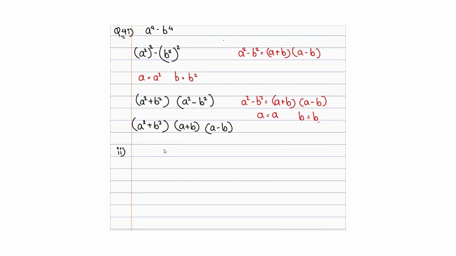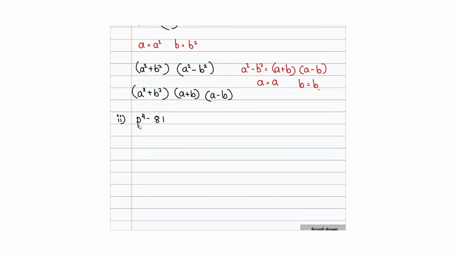So the second bit of the question is p to the power 4 minus 81. Again, can I write p to the power 4 as p square, the whole square of it? Can I write this 81 as 9 square? I can also write 3 square, the whole square of it, but better to write 9, the whole square of it. It will be easier to solve.